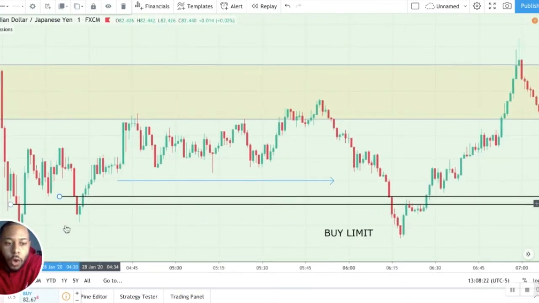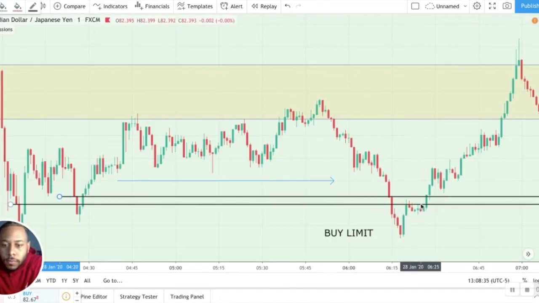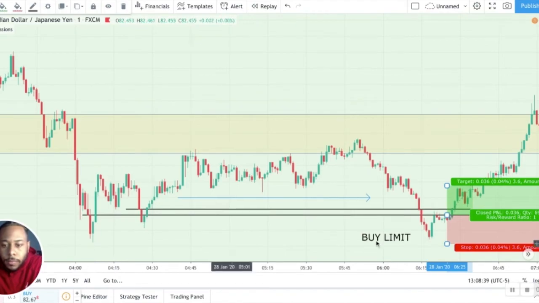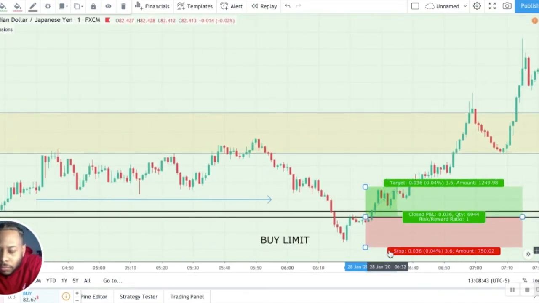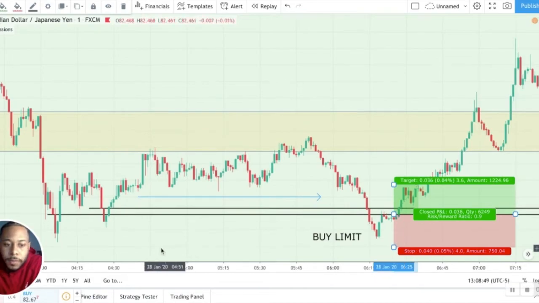Right, so once I executed this buy here, my risk management, my stop loss, I know for a fact has to be below here. It was a 4 pip stop loss, right? 4 pips.